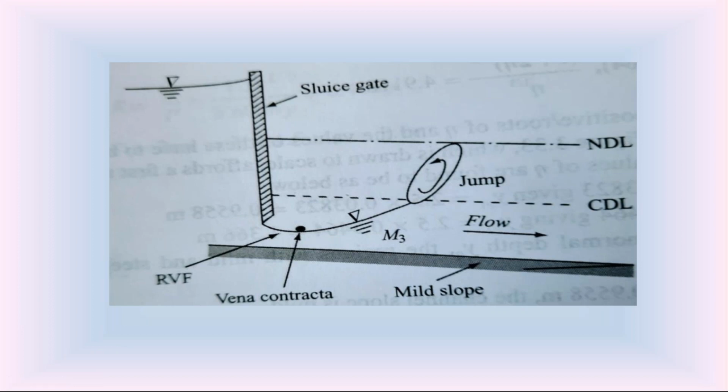When the slope is infinity on the downstream side, this M3 water surface profile is perpendicular to this critical depth line. So on the upstream side, M3 is perpendicular to the channel bottom. On the downstream side, M3 is perpendicular to the critical depth line.